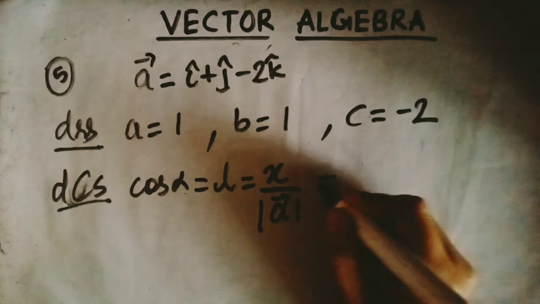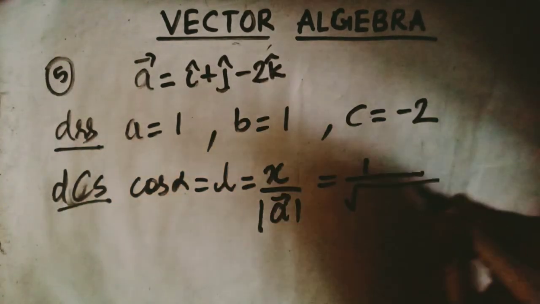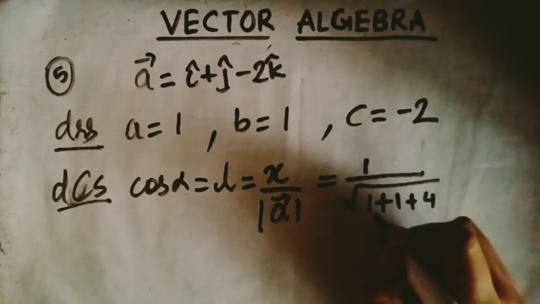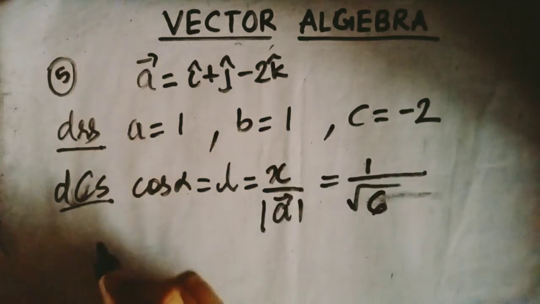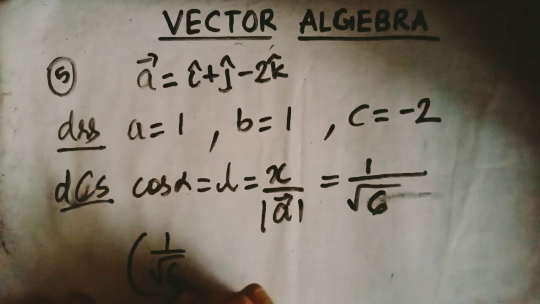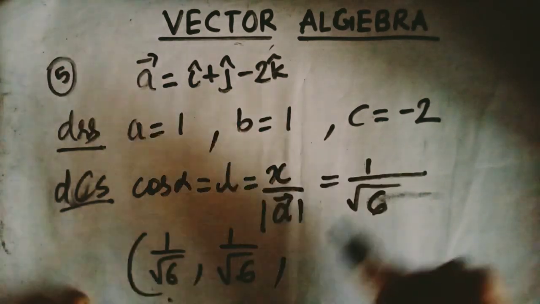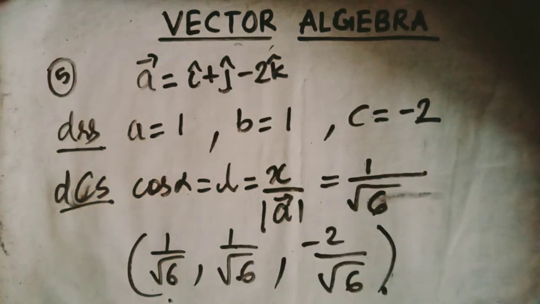Okay, so your scalar component is 1 and magnitude is root of 1 plus 1 plus 4, that is root 6. Okay, so your direction cosines I'll write: 1 upon root 6, 1 upon root 6, and minus 2 upon root 6. So these are your direction cosines.